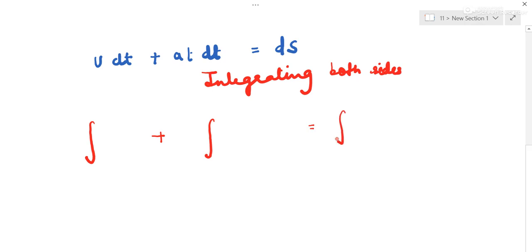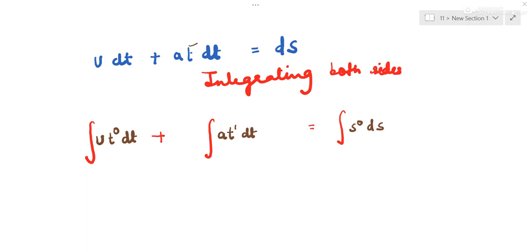Let us write down the terms. It's u dt, u and dt. There is no term of t, so I'm writing t to the power 0. Here it is a t to the power 1. It is 1 already. And here we have only ds, so I'll write here s to the power 0.